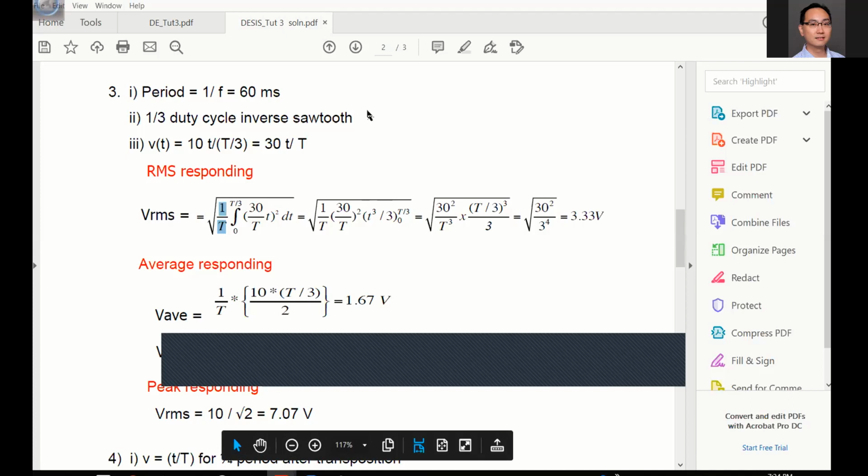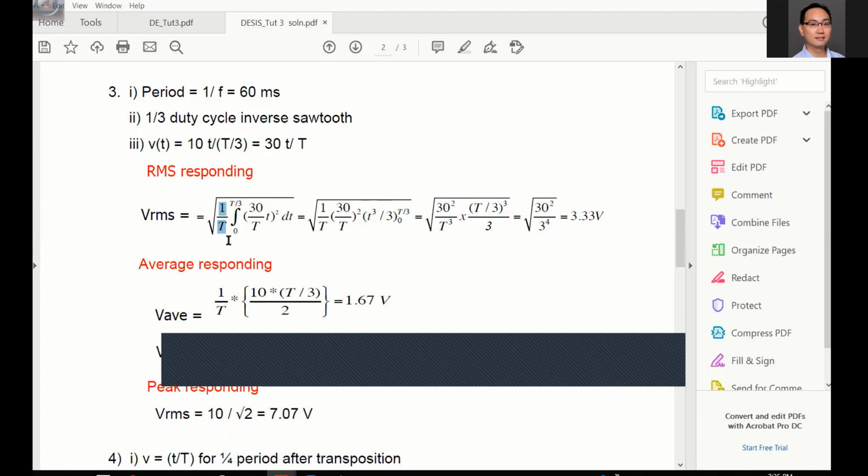So maybe very quickly, let's take a look at this integration one. Unless you all say you got no problem, then I don't need to go through this integration. Any problem or not? How to integrate this thing? 1 over T, the integral from 0 to T over 3.